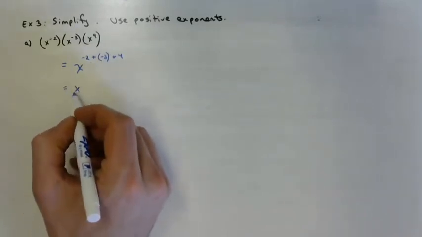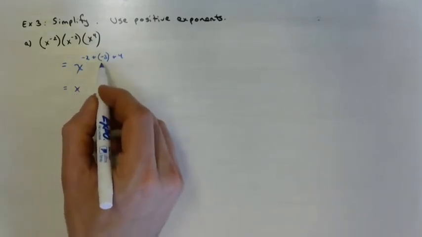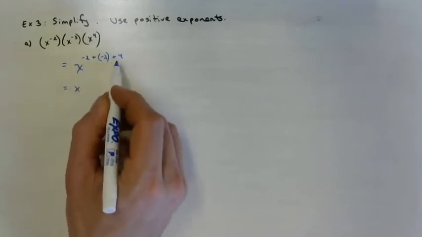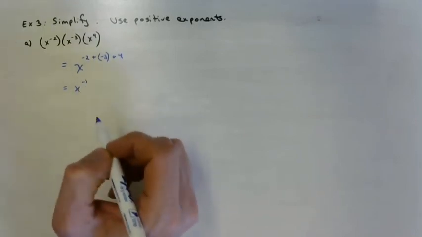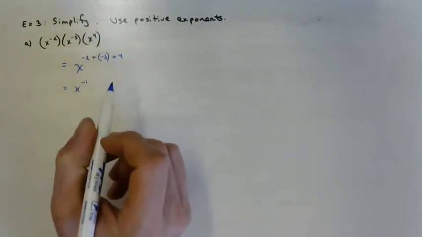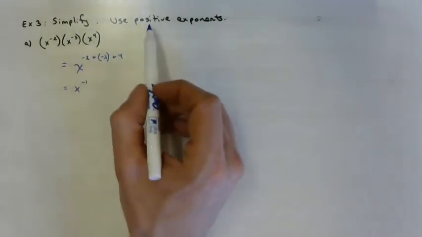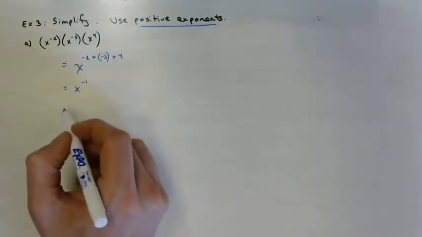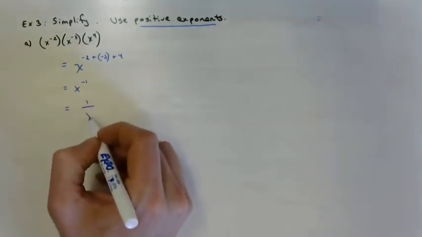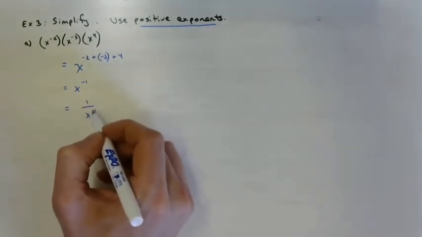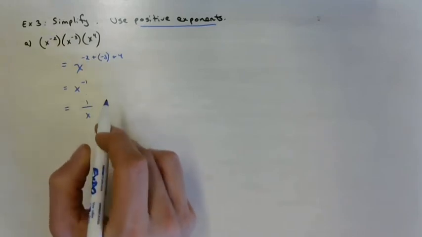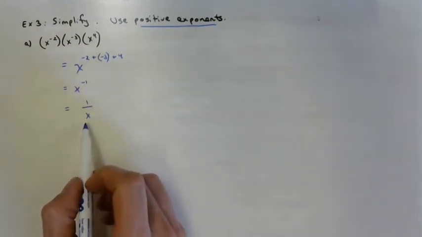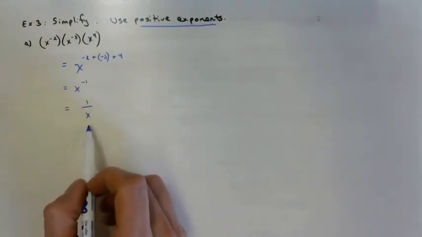So what we're looking at here is -2 minus 3, that's -5, plus 4, that brings us up to -1. And one of the points of this exercise is to only use positive exponents. So I'm not done. We also need to use our negative exponent law. Sorry, that's now positive, which exponent x to the power of 1 is just x.